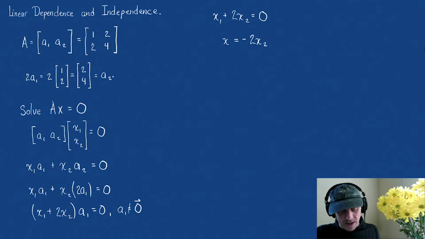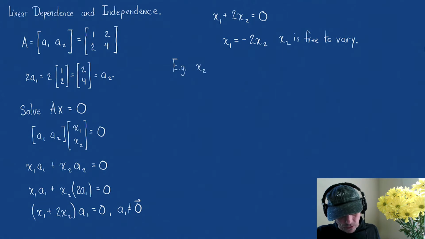Well, okay, what does that mean? That means that x1 is dependent on x2. So we'd say x2 is free to vary. So for example, if x2 is equal to 1, you could see that x1 is equal to negative 2.